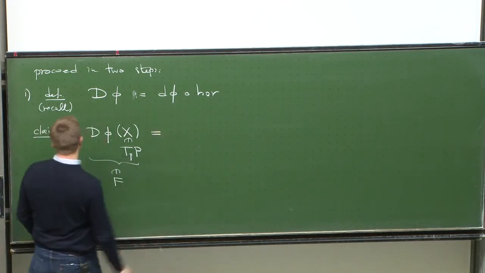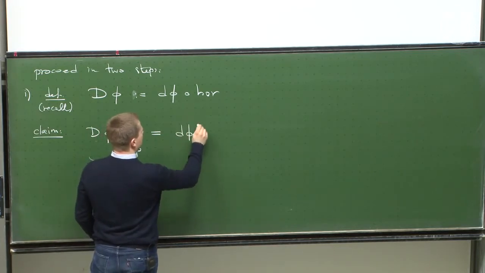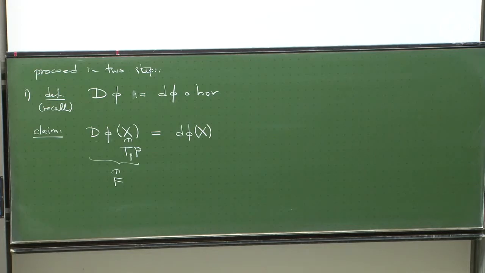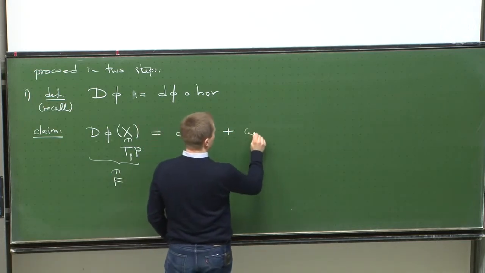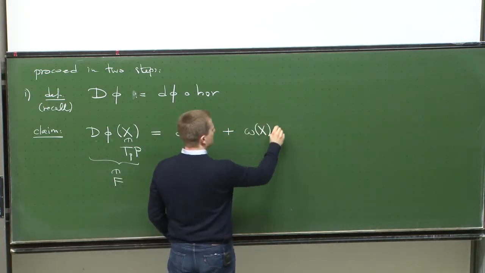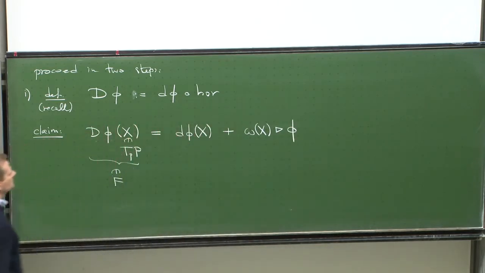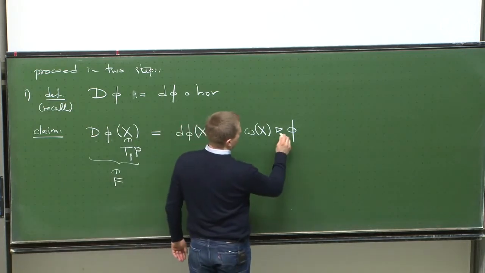The claim is that this is equal to d phi of x, so the covariant exterior derivative is the exterior derivative on x, but with a correction term, and the correction term is omega of x acting on phi. Okay? And this looks very similar to what we had before when this was a 1 form.